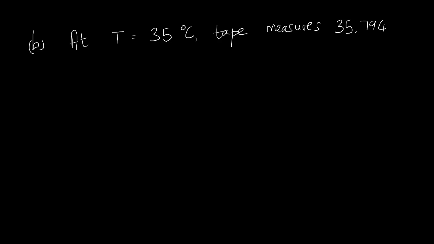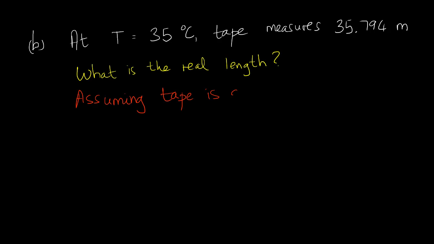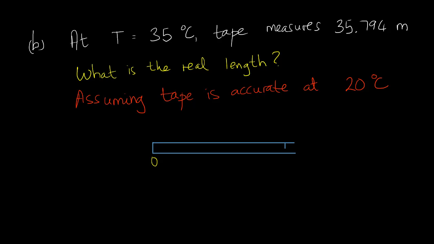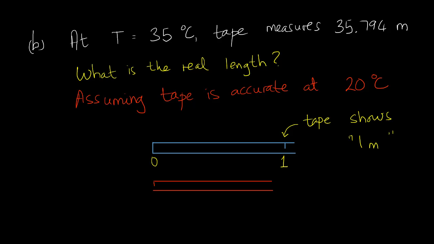Part B. At 35 degrees centigrade, the tape measures a length of 35.794 meters. At 20 degrees centigrade, the tape is accurate. So 1 meter on the tape will measure 1 actual meter. But when the tape expands, 1 meter on the tape is going to measure a longer distance than 1 meter.